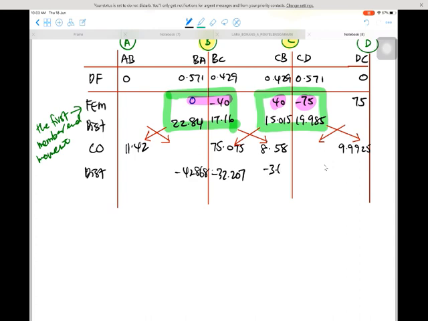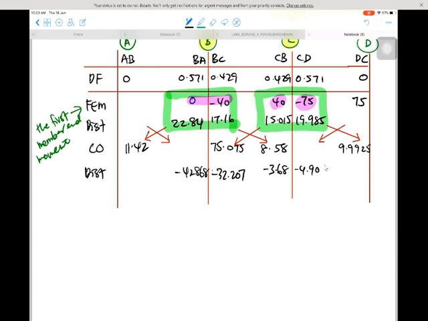Negative 3.68, and 8.58 times 0.571, so we get negative 4.90.